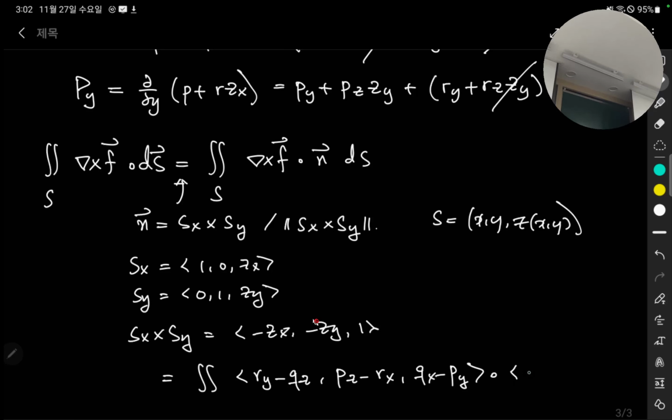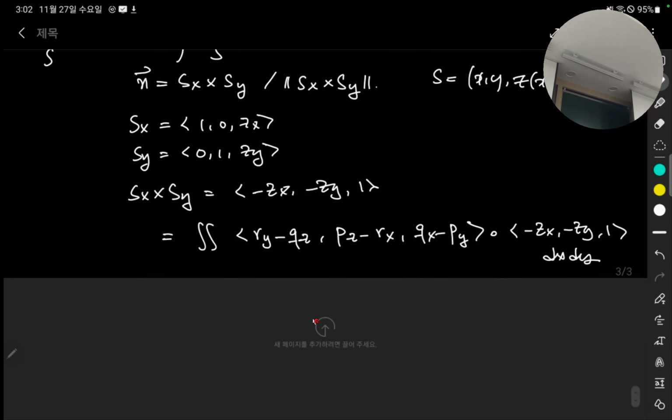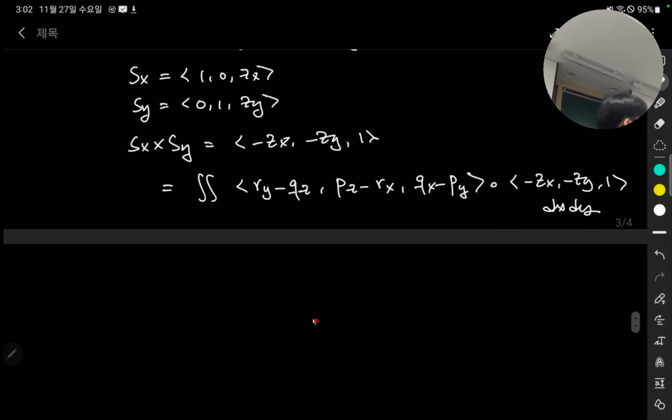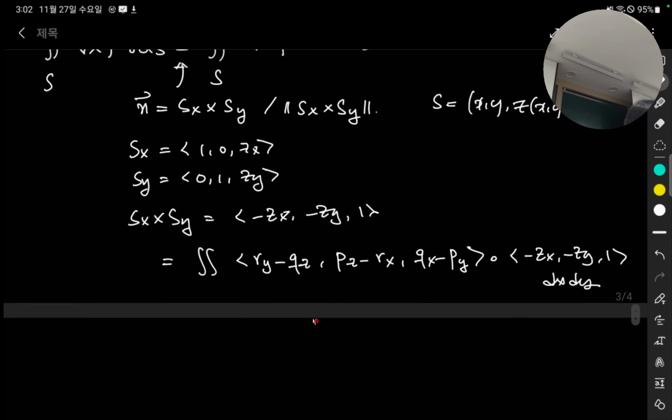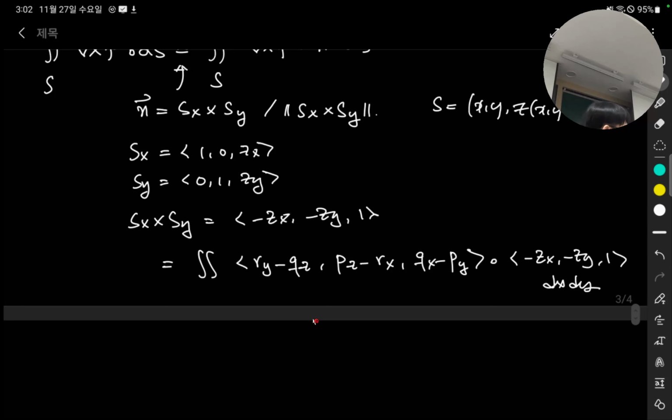So I'm going to put (minus z_x, minus z_y, 1) here, and dx dy. Meaning that I'm not going to take the surface integral. I'm going to project my surface onto the two-dimensional domain D, so that I take the double integration over D, because that's the domain of our parametrization.